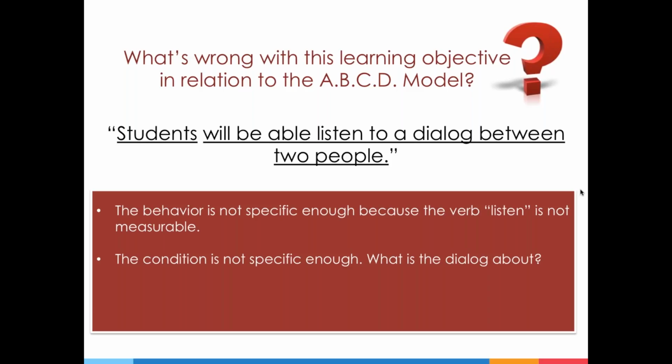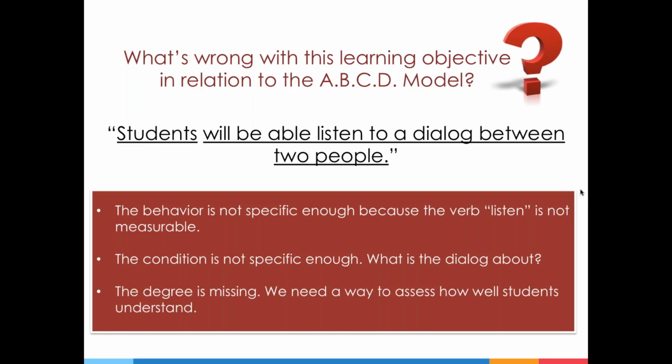How does it meet my curriculum goals? How does it meet my learning objectives? The degree is missing. We need a way to assess how well our students are obtaining the target material.